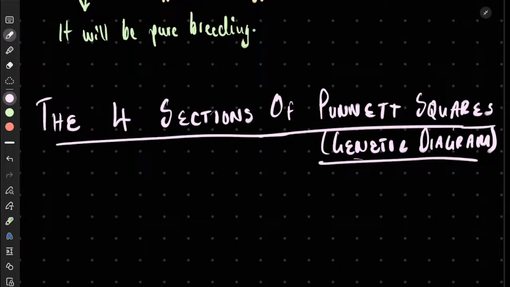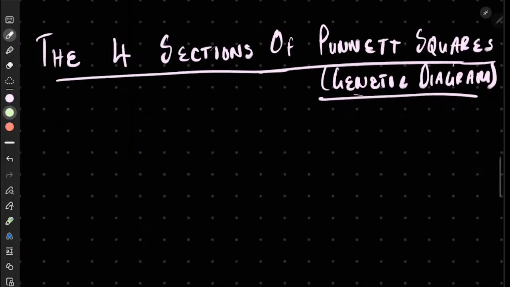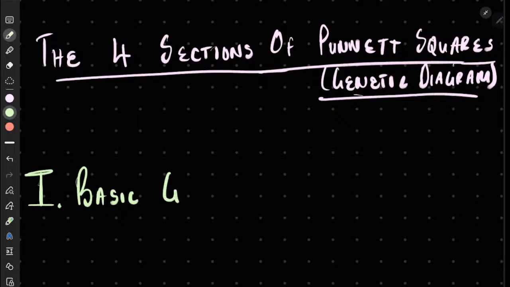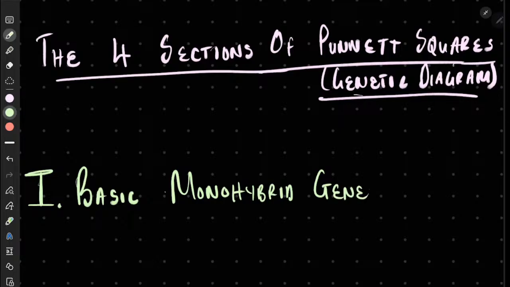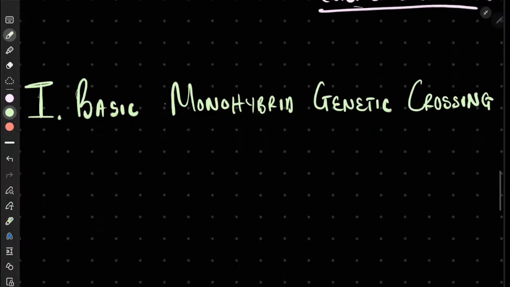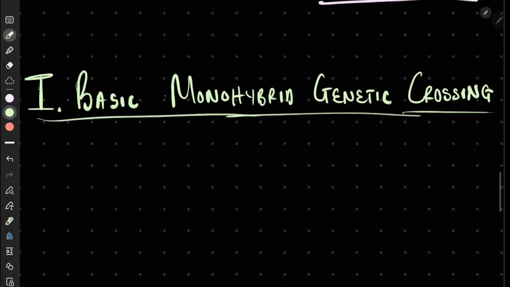Okay? So the first section which we're going to be doing is the basic monohybrid genetic crossing. We are just doing the basic monohybrid genetic crossing. We're just crossing basic things. Let's do it.